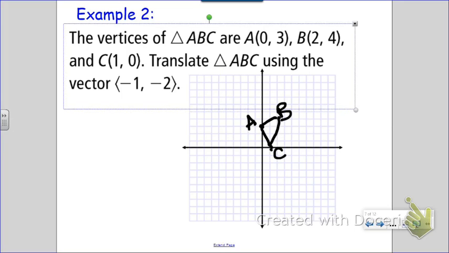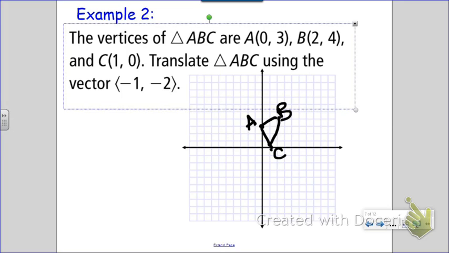If we're going to translate it 1 to the left and 2 units down, we can do that graphically. So move each point 1 left and down 2. We can also look at what the new points would be by subtracting 1 from the x and subtracting 2 from the y.